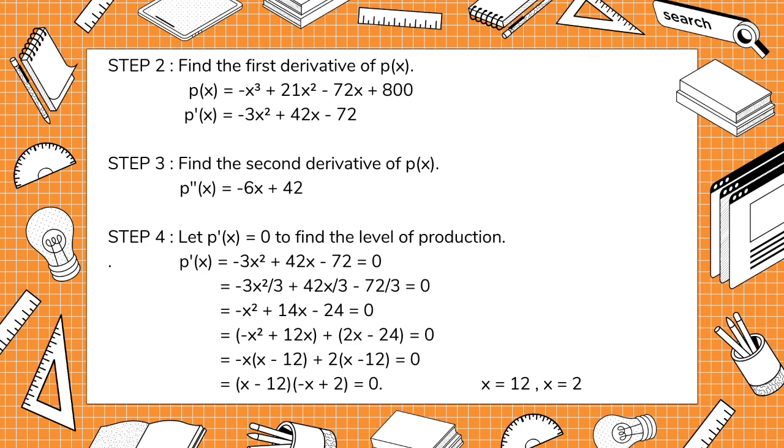After that, we have to find the second derivative of P(x), which we will get negative 6x plus 42. After that, we need to let P prime x equal 0 to find the level of production. After we factor out the function, we will get two answers, which are 12 and 2.